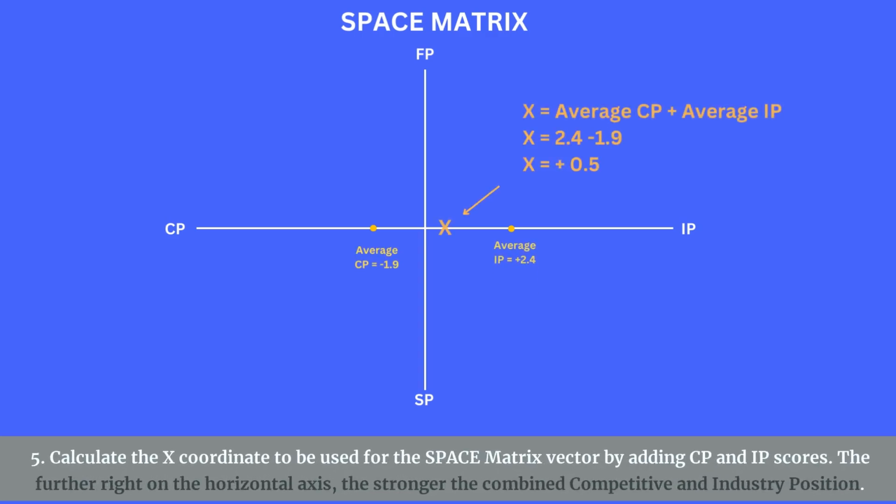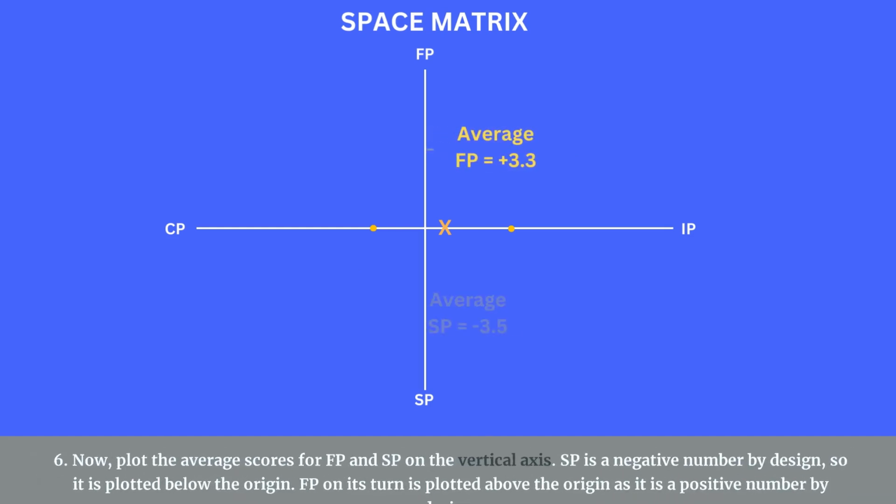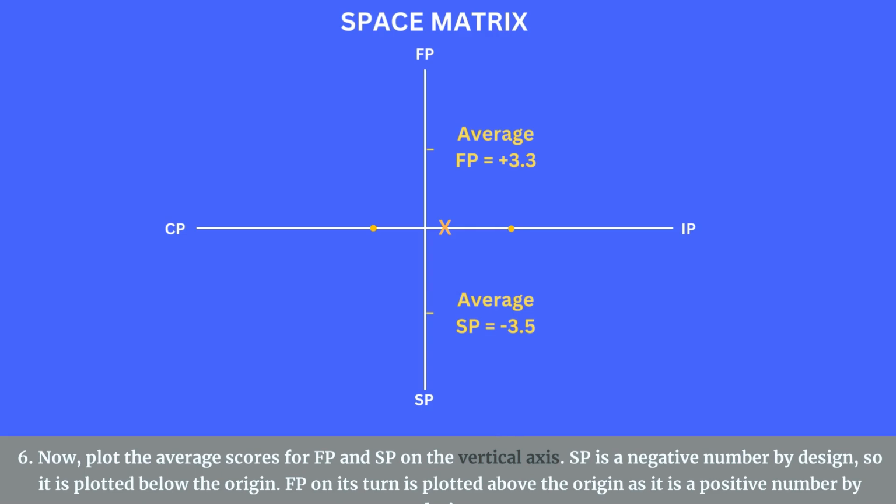5. Calculate the x-coordinate to be used for the space matrix vector by adding CP and IP scores. The further right on the horizontal axis, the stronger the combined competitive and industry position. 6. Now, plot the average scores for FP and SP on the vertical axis.